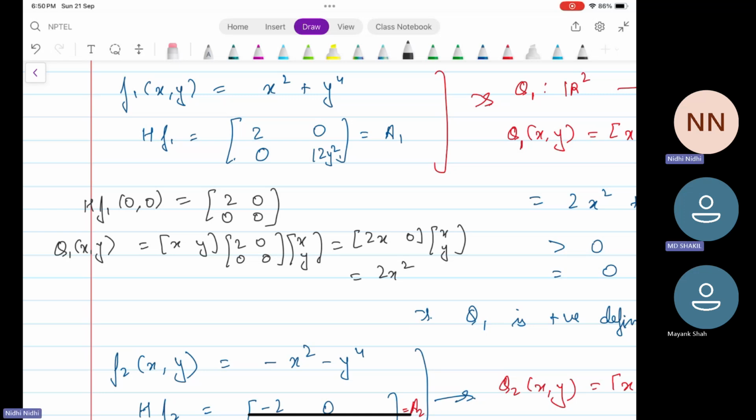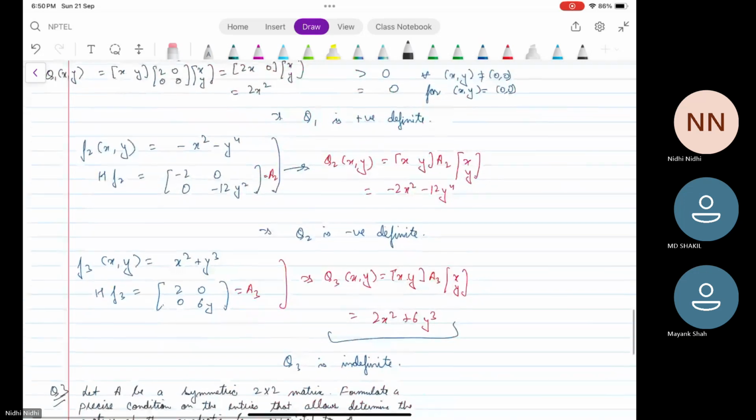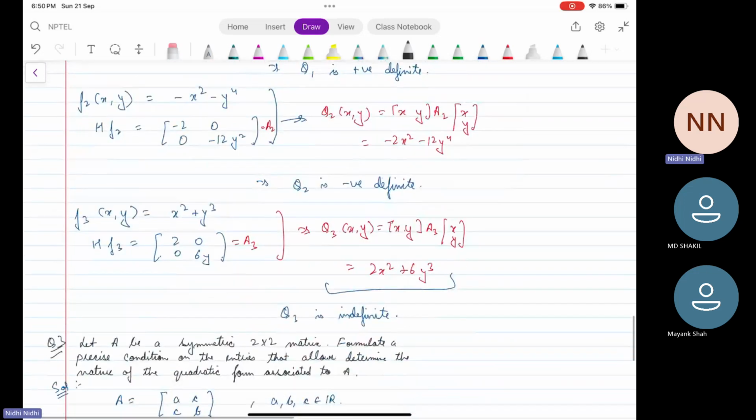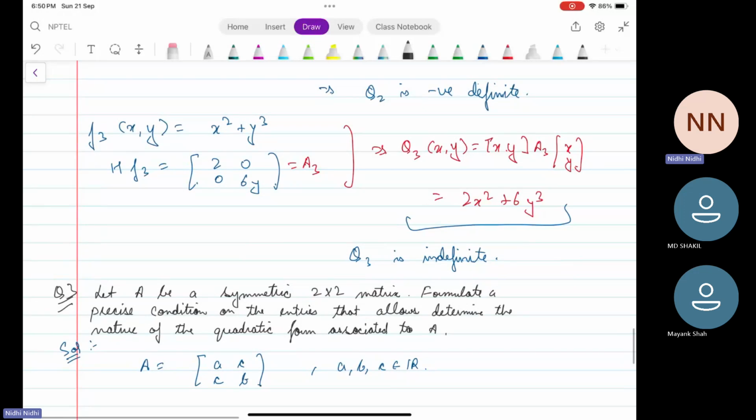But I was confused how it will give the quadratic form x square. If we do similarly for the function f3, again because of this 2, we'll get 2x square. Here we see that.